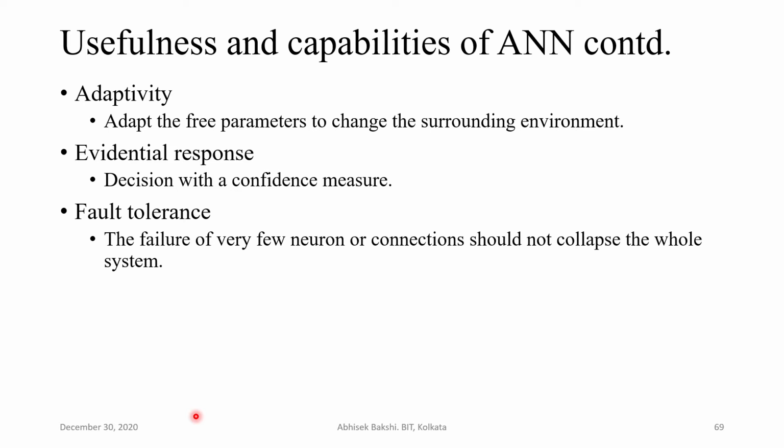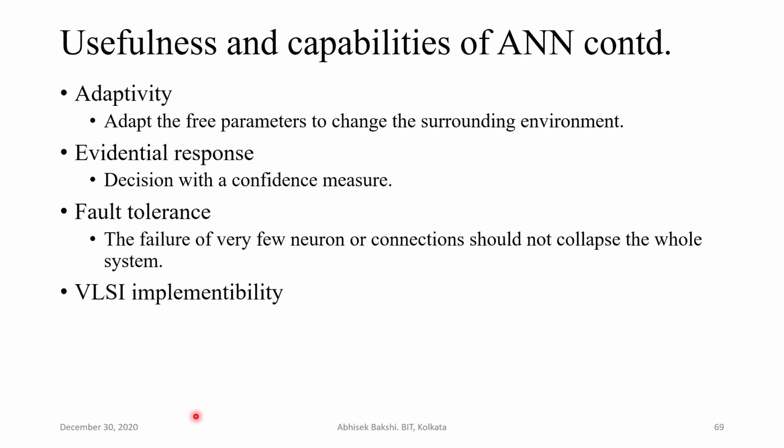So damaging a very small part of a brain does not mean that the task done with that particular part will vanish. That will get distributed through the other parts of the brain, and this is what we call fault tolerance. The same thing happens in an artificial neural network also. This is a very interesting and important property of an artificial neural network.